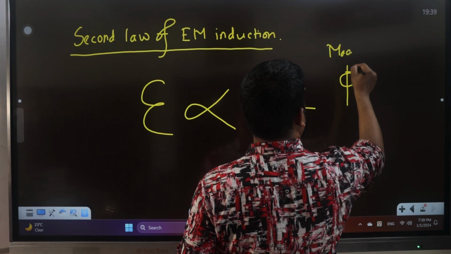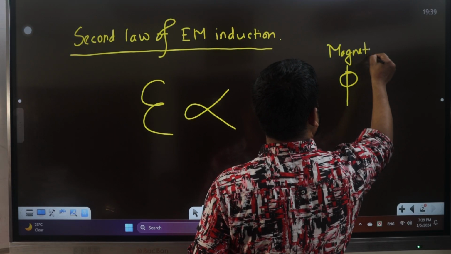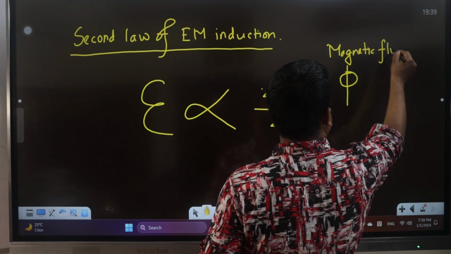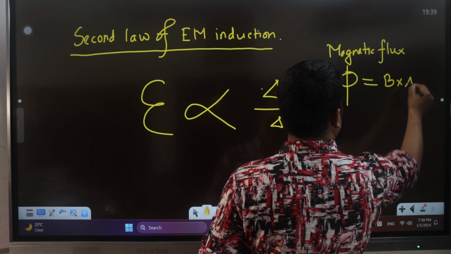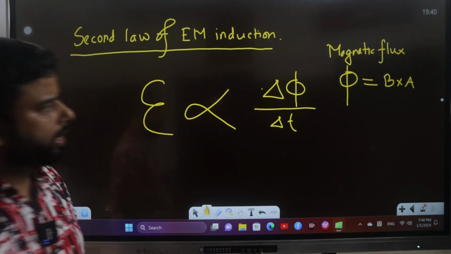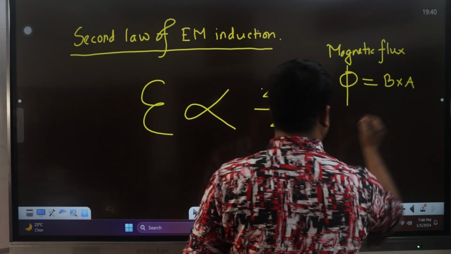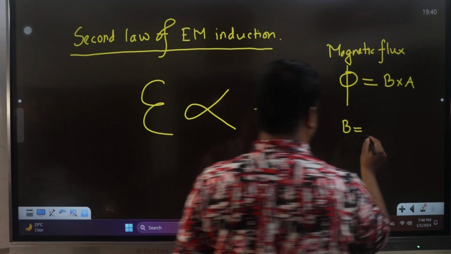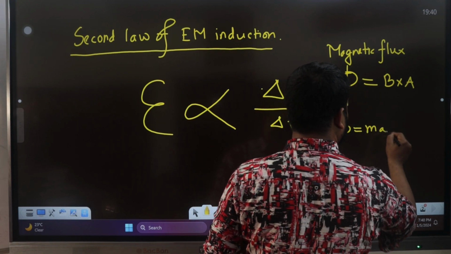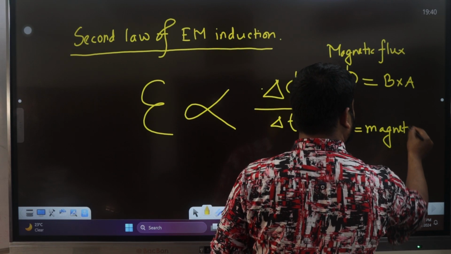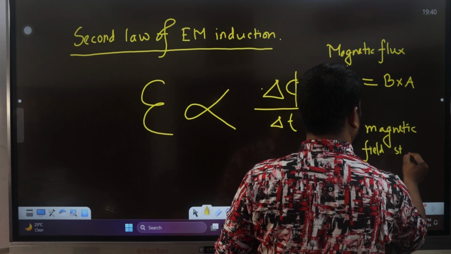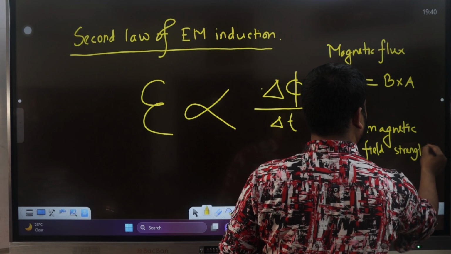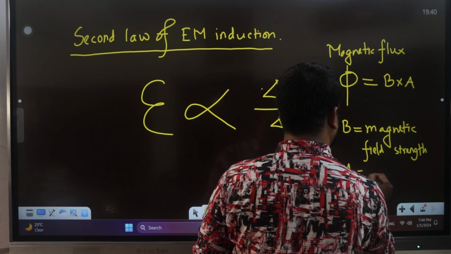Magnetic flux equals B into A. B is the magnetic field intensity, magnetic field strength, and A is the cross-sectional area.